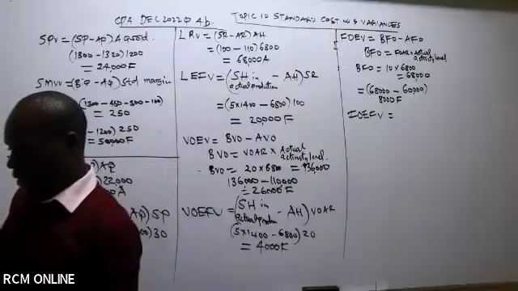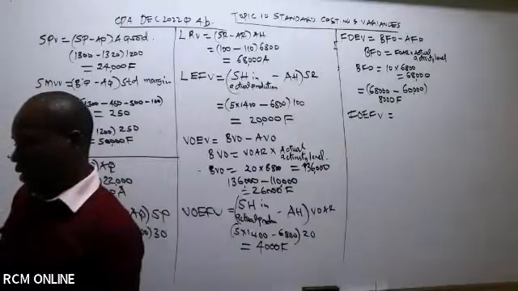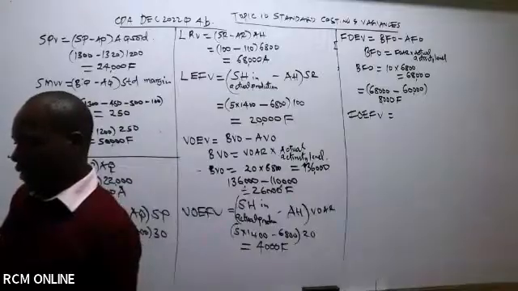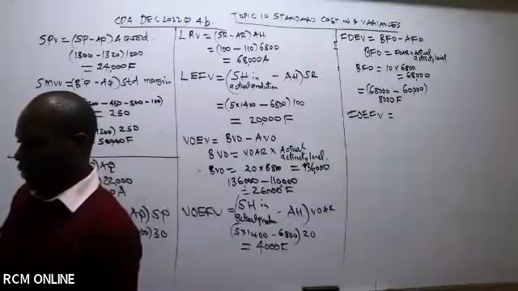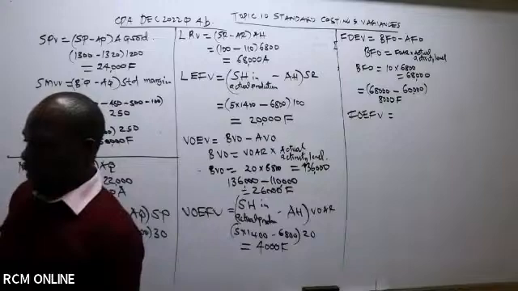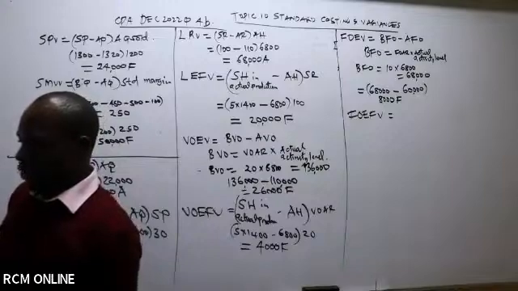Number one, standard hours in actual production minus actual hours multiplied by fixed overhead absorption rate. That's what my friend has given us. Another person: standard hours in actual production minus actual hours times fixed overhead.